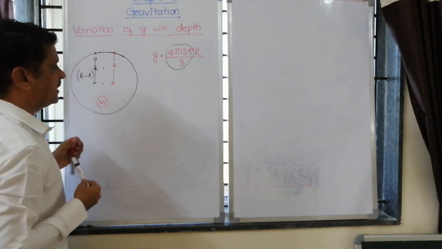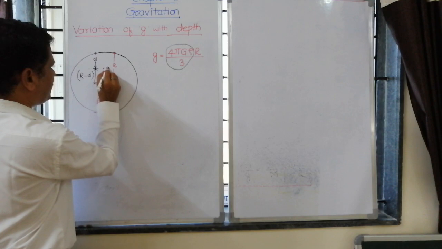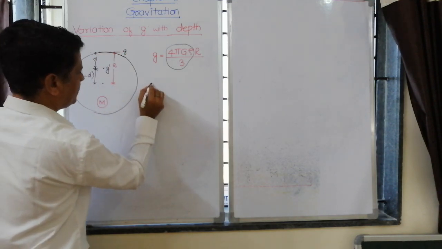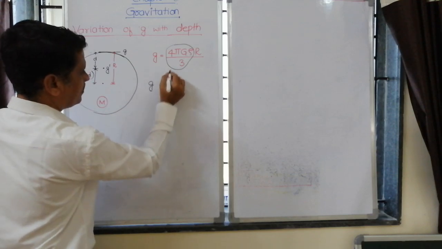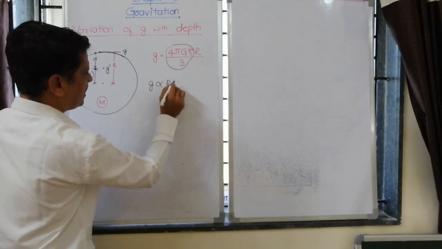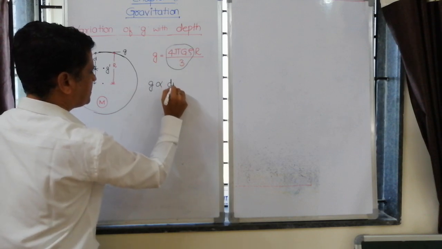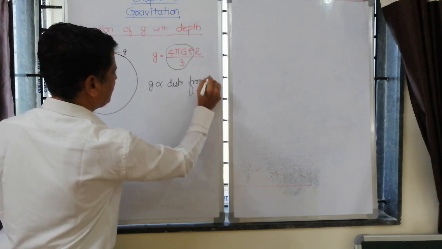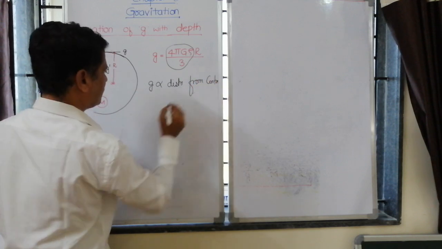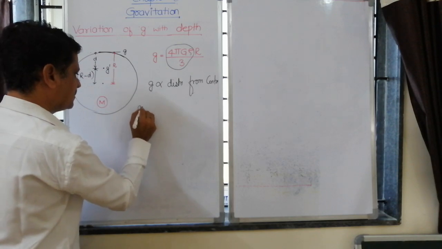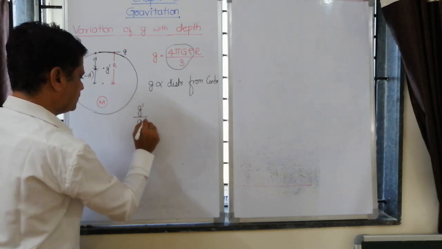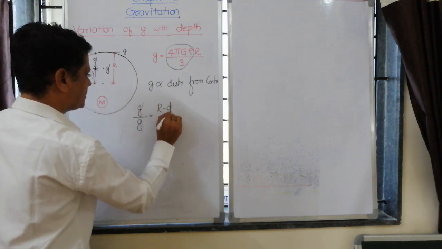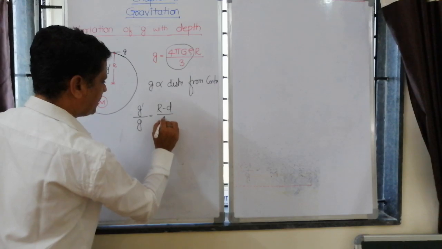Hence directly I can write the acceleration due to gravity, you can take g dash. Already here I have taken g. Then g is proportional to r, or you can say distance from center. Hence g dash by g is equal to r minus d divided by r.